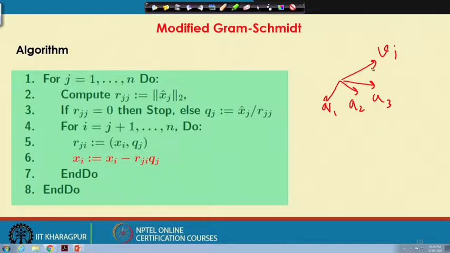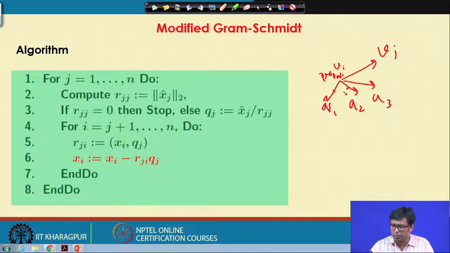We project v I on q 1, this is the projection of v I on q 1, this is the projection of v I on q 2, this is the projection of v I on q 3. We subtract all these from v I and get a new vector u I, and then q I, the next orthogonal vector, is u I divided by mod of u I.